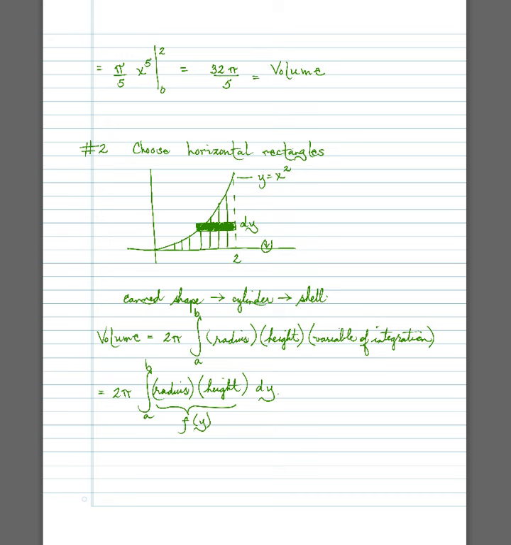Y equals x squared. So, what we have here for the radius is y minus 0. Okay, so what we have here is 2 pi times the integral from a to b. I'm not going to write a and b right now. And then our radius, like we said, is y minus 0. Okay, so we have our radius. Now we need our height.